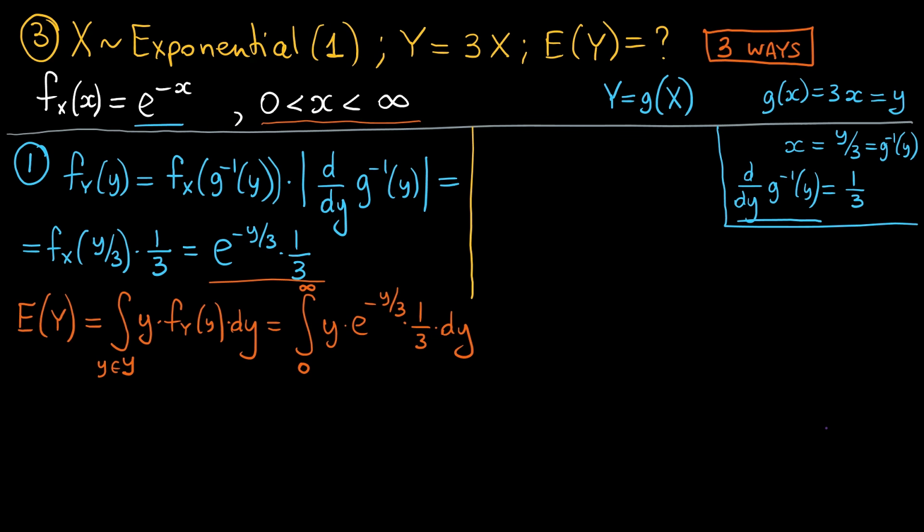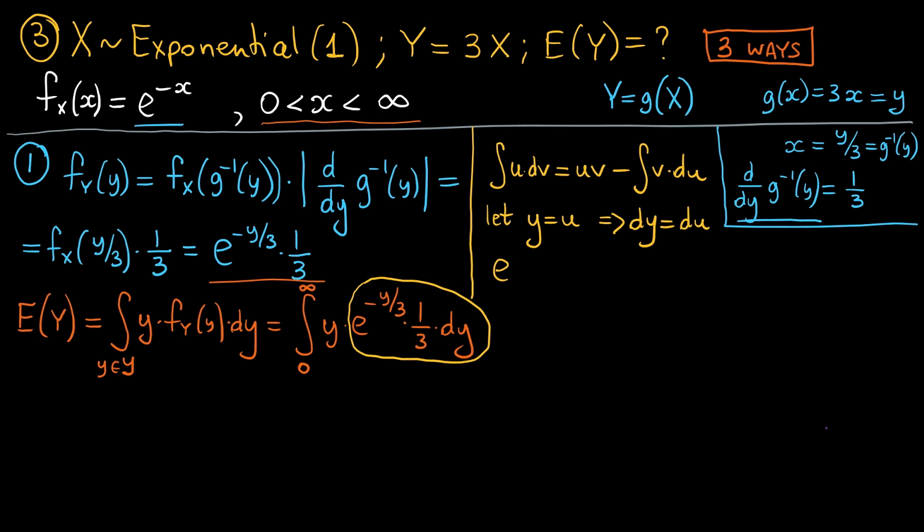Recall the integration by parts formula. It says that integral of u dv equals uv minus integral of v du. And we'll let y equal u here, and that means that dy will equal du, and then we'll let whatever is left, e to the power of minus y over 3 times 1/3 dy, equal dv.